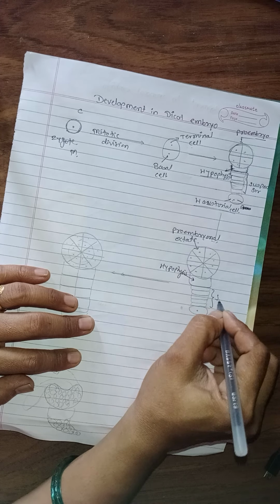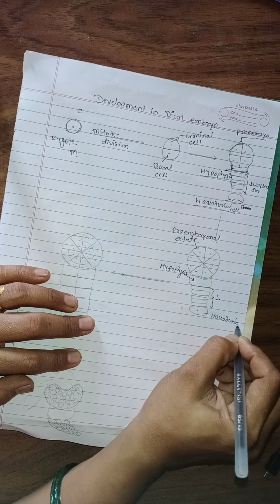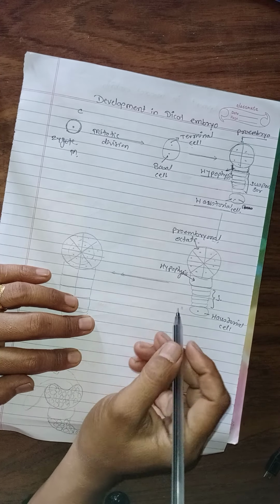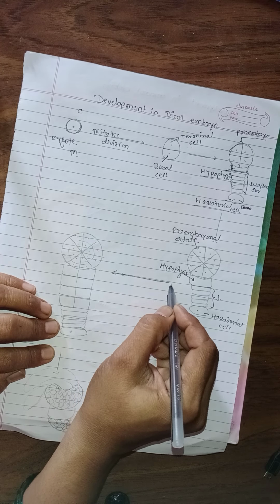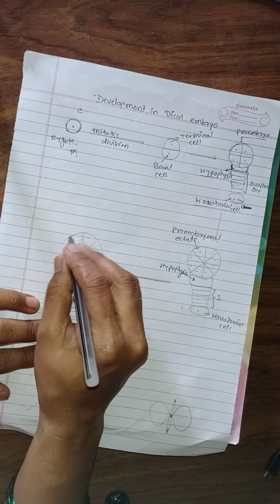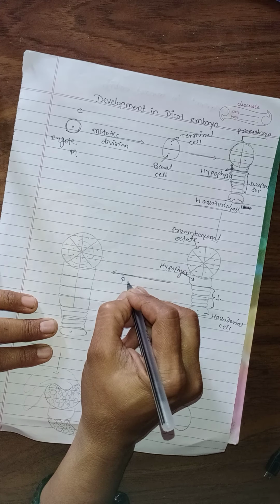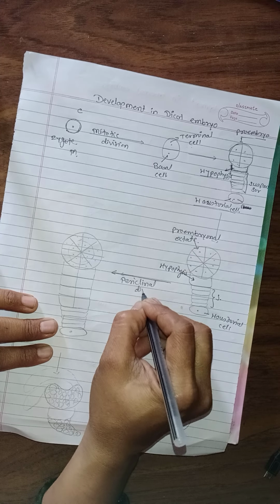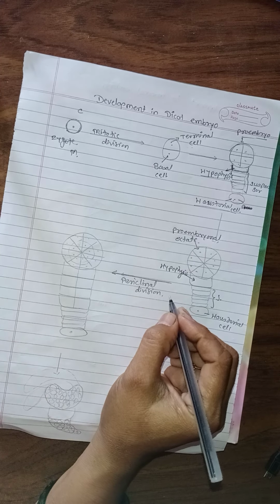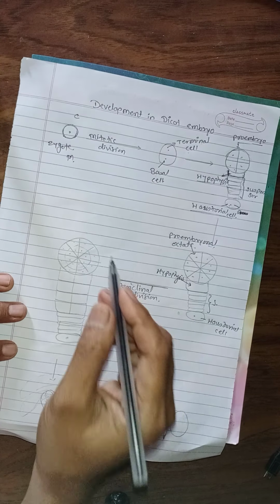Then this is suspensor and this is haustorial cell. Then mitotic division takes place, but periclinal, that means only outer cells are formed. It is also known as periclinal division or periclinal mitotic division of proembryonal octet.